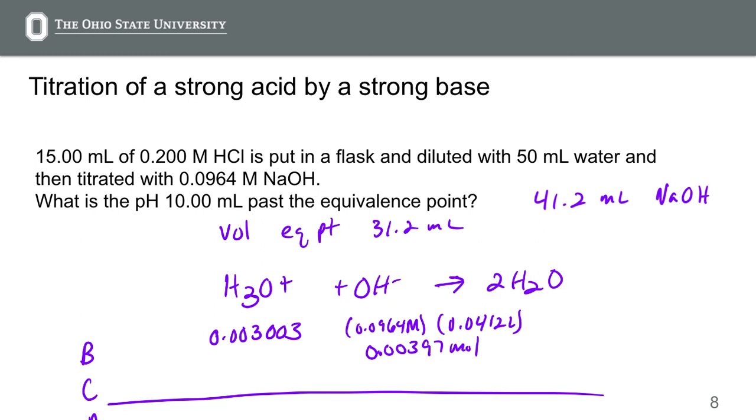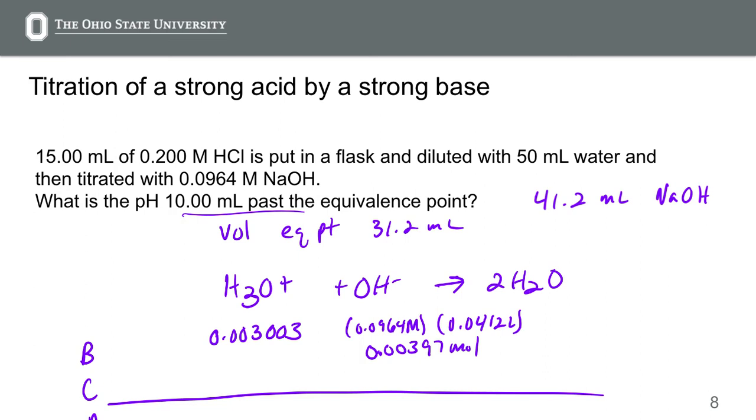Okay, so what's the limiting reagent in this case? Go ahead, ask your question. The question earlier where we calculated the 31.2 says the volume of base added. Yes. Oh, I see. We're only using it for the OH, not the overall solution. Yes, so it's not the total volume. Good point. So what is the pH 10 milliliters past the equivalence point?